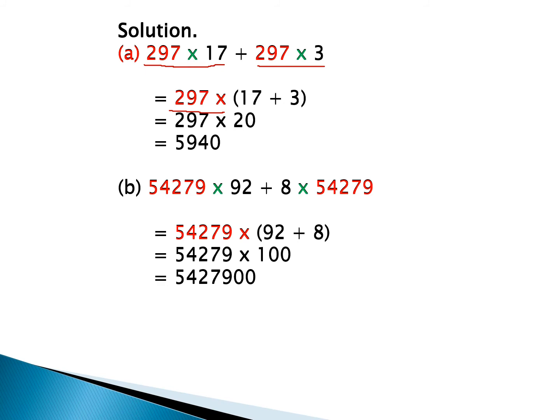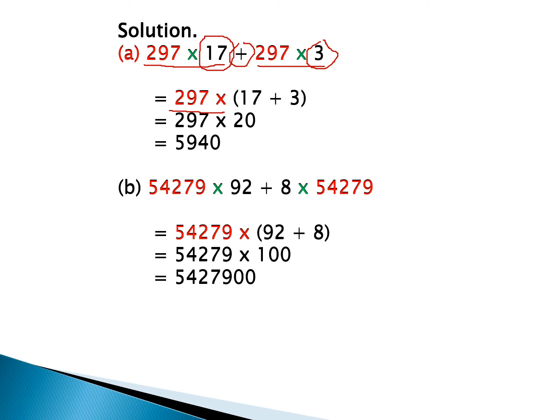The things which are left behind, which is 17, addition sign and 3. These things are left behind after taking out 297 and multiplication sign common. 17 plus 3 has to be written inside the bracket, and you know that we have to solve the bracket first.